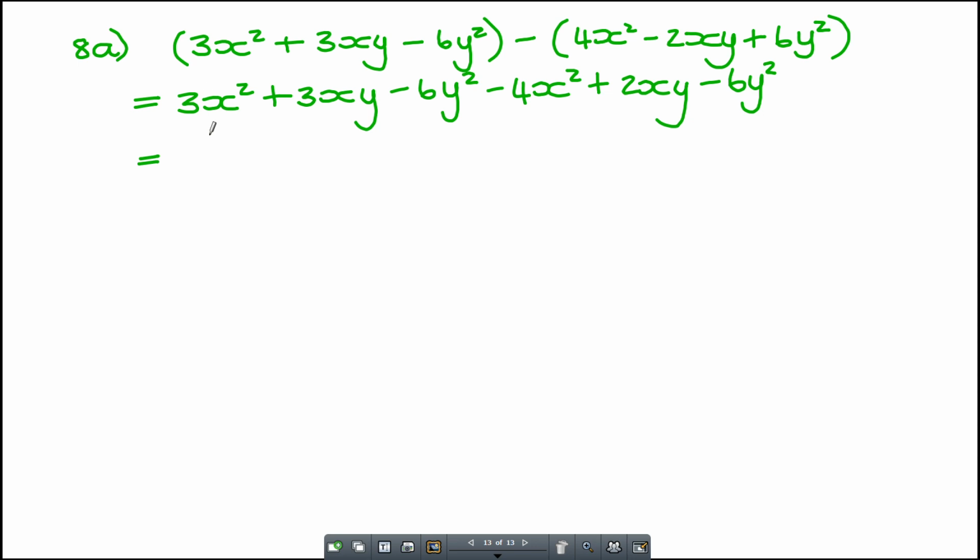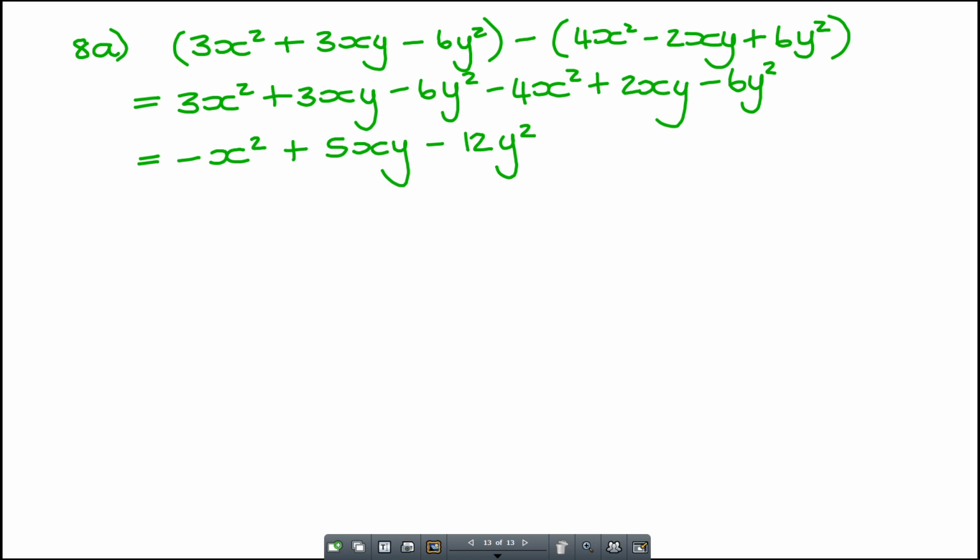So 3x squared minus 4x squared will give me minus 1x squared, but I'm just going to write minus x squared. Then 3xy plus 2xy will give me 5xy. And then minus 6y squared will give me minus 12y squared.